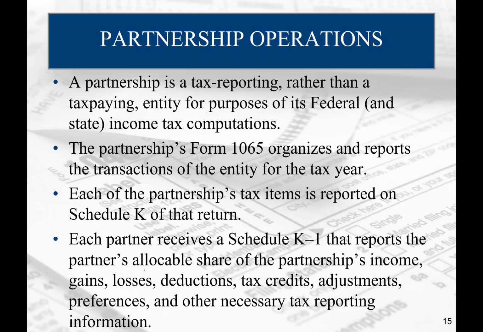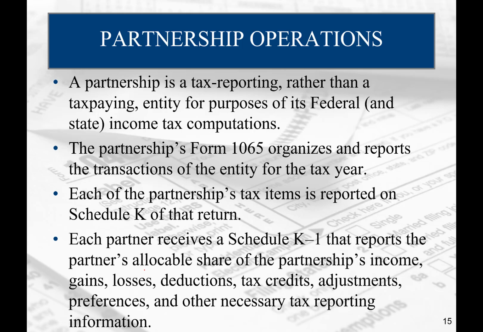So each partner receives a Form K1. If there are 3 partners, there'll be 3 K1s, one for each partner, that reports the partner's allocable share of partnership income, gains, losses, deductions like the charitable deductions, tax credits, etc. All of those items get pushed over to first the Schedule K and then the K1.